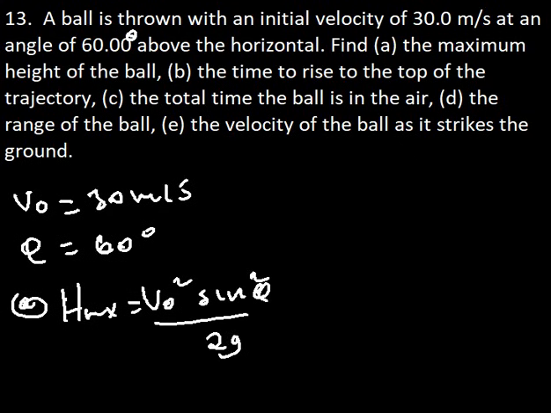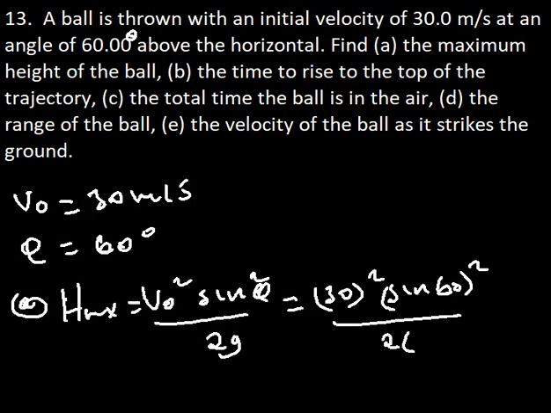That is, of which v naught, the launch velocity, is 30 meters to the power 2, sin 60 and overall to the power 2, and divided by 2 times acceleration due to the gravity. Just have it as that one. And the overall units has to be in meters. So with your calculator you have that one.